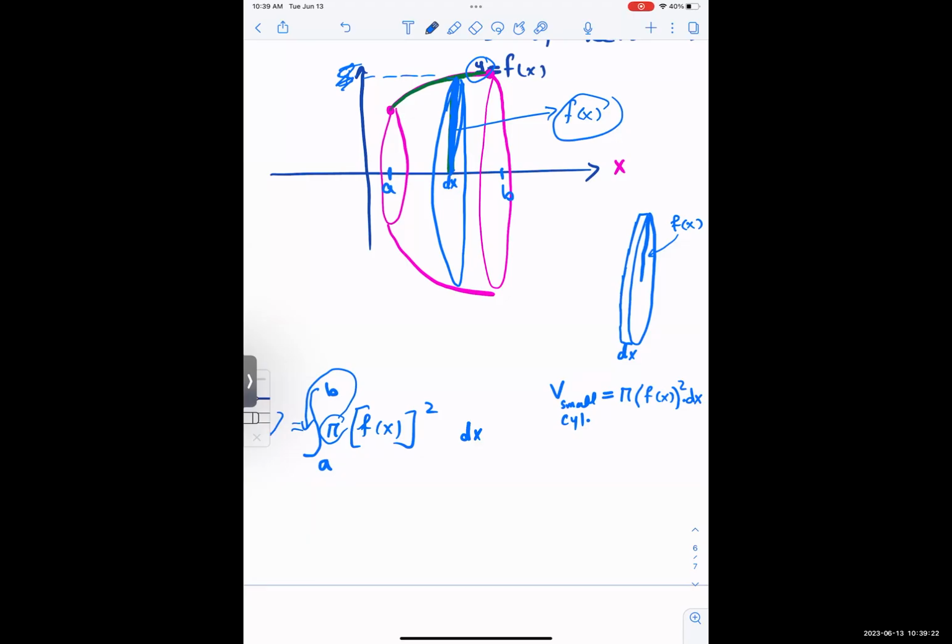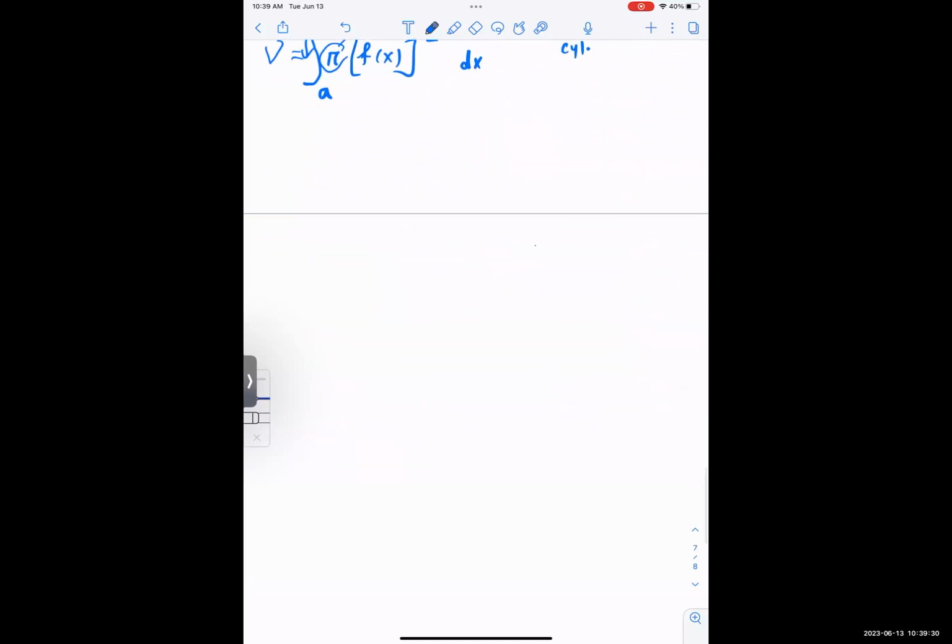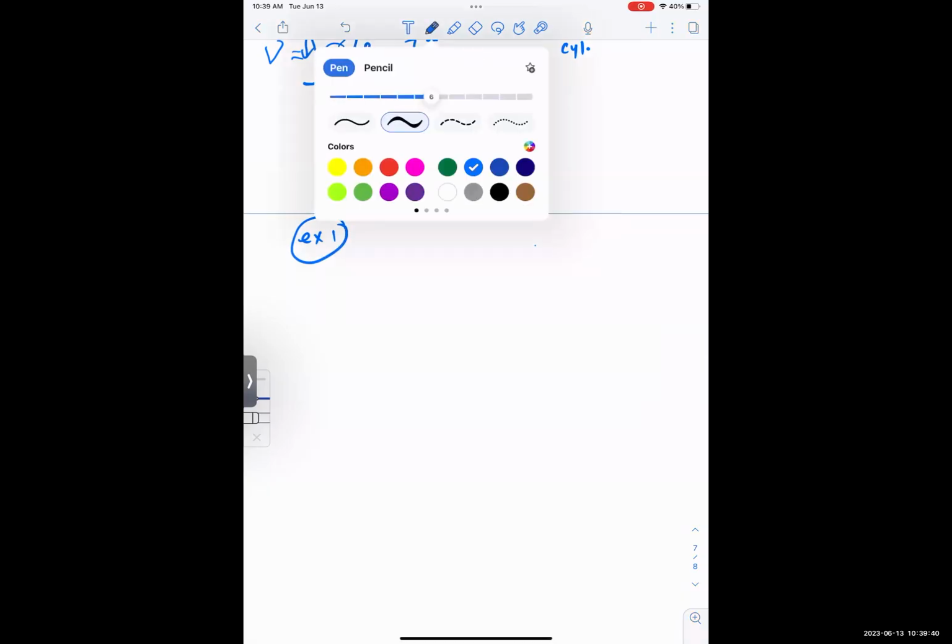So let's do this one. The volume of a sphere. So this is again to confirm that our formula works. I'm going to write example 1 again because this is another section.